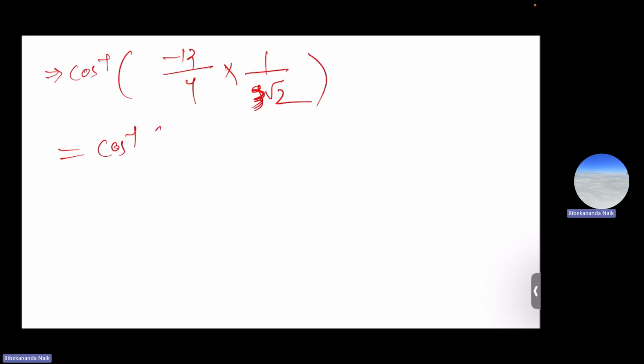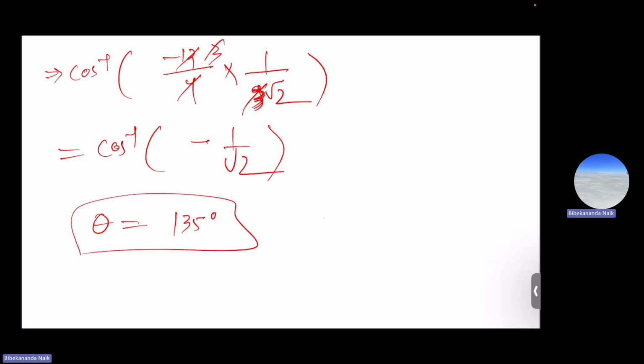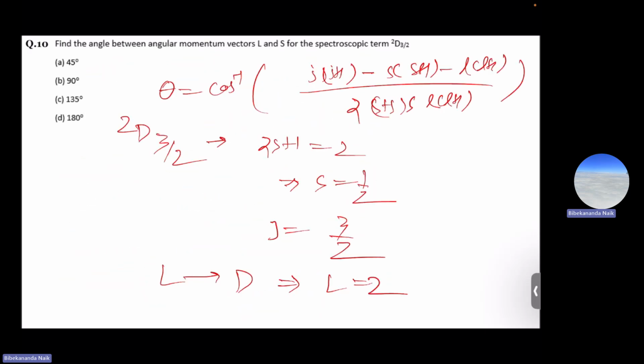So it is cos inverse of minus 1 by root 2. The 3 and 3 get cancelled, so it is minus 1 by root 2. So theta will be 135 degrees. So the correct option is option C, 135 degrees.